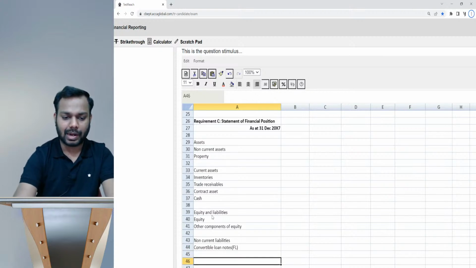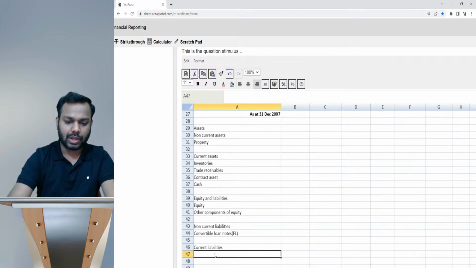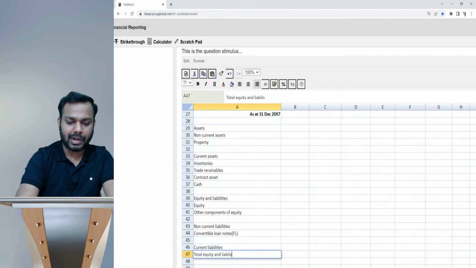Then current liabilities. And so the total, you can write here, total equity and liabilities.